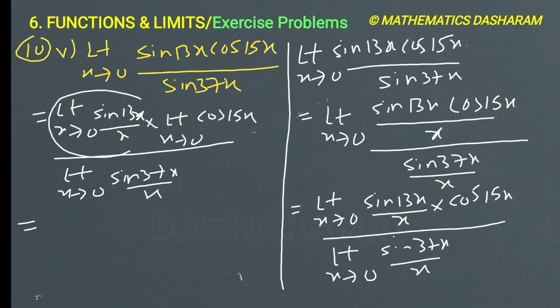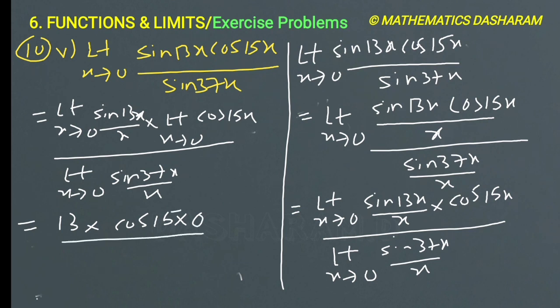So this answer as per the formula is 13, and here directly substitute x equals 0. So cos 15 into 0, divided by, and here the denominator answer as per the formula is 37. Now it is equal to 13 into cos of 15 into 0, which is cos 0, the answer is 1, divided by 37. So 13 divided by 37 is our required answer.